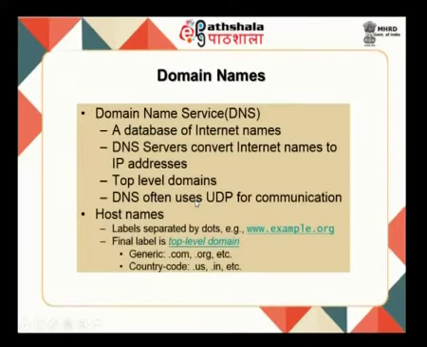So, the domain names are converted to IP addresses from the client side, and when it reaches the destination, the IP addresses have to be converted to a domain name again. The mapping between the IP addresses and the domain names is given by servers called DNS servers. These DNS servers use the domain name in a format like this.